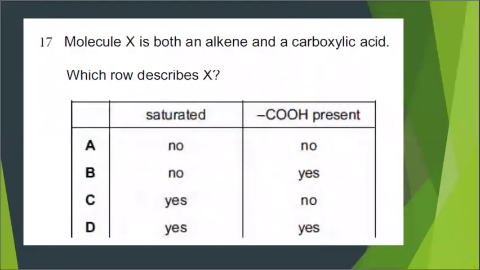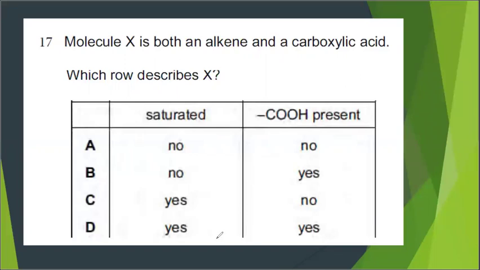Next question. Molecule X is both an alkene and a carboxylic acid. Which row describes X? If it is an alkene, then is it saturated? No, it's not saturated. It's unsaturated. And if it's an acid, then it will have the C double bond O, OH present, right?